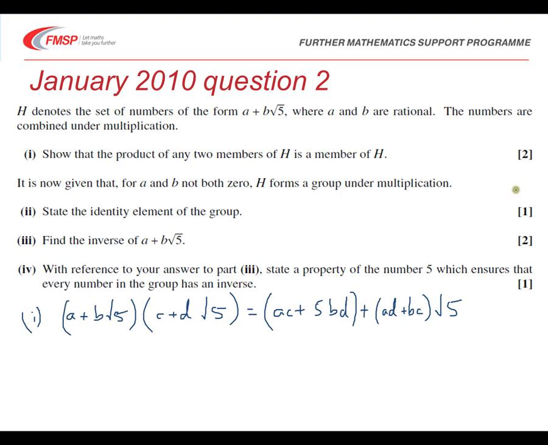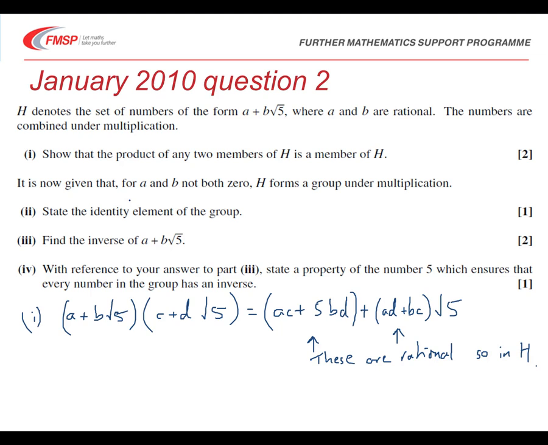Lastly then, just to make sure I get all the marks here, I want to show that it's a member of H. It says where these two things are rational, so I just want to say these are rational. So it's in H. In part 2, I want to state the identity element of the group.